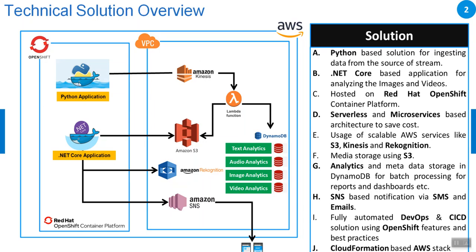As I spoke, there is a Python application and there is a .NET Core application. The Python application is the one that interacts with the external system, and then using the Kinesis service and the Lambda function stores the video frames in JPEG format in the Amazon S3 bucket, as well as the real-time analysis in DynamoDB.